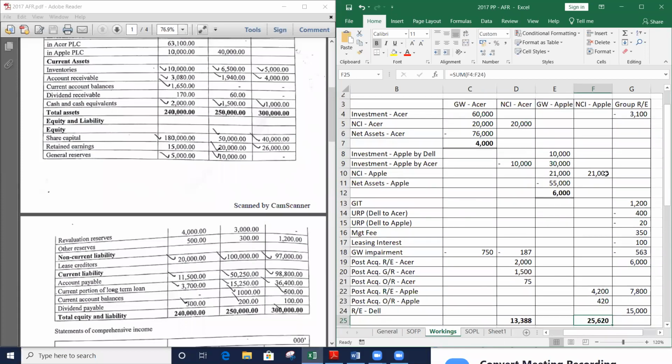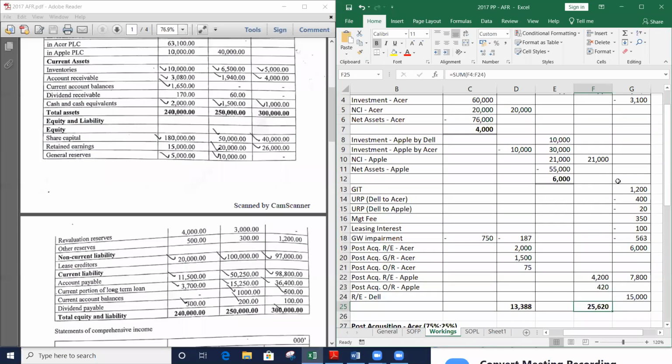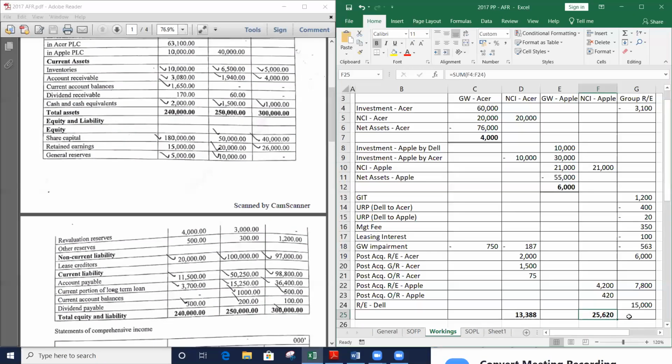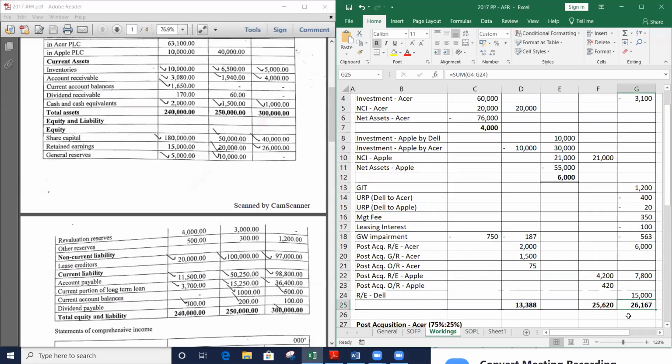NCI value of Apple. And then group retained earnings. We need to consider the total here. The total is 26,167.